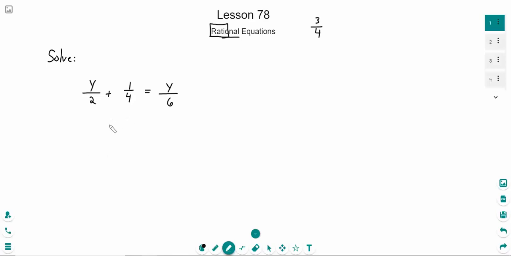All right, so what is the method that we're going to use? The method, maybe I'll just write it over here.